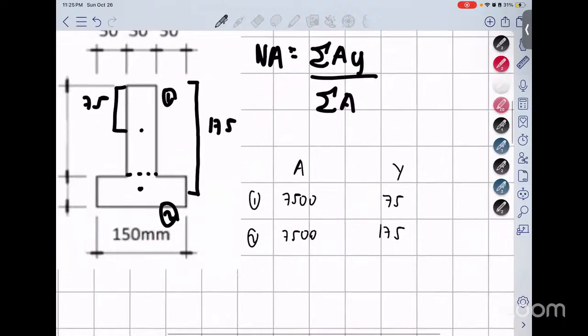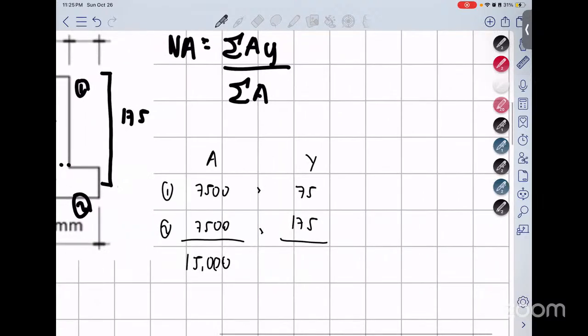Just remember we're referring to this below the top surface because that's what the problem says, so make sure to keep it consistent. Summing them together, you get 15,000 total area. And then get the products: 7,500 times 75, and then 7,500 times 175.